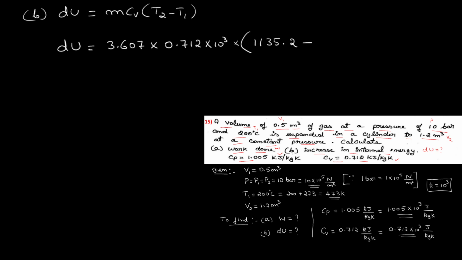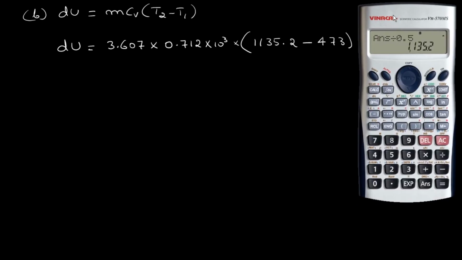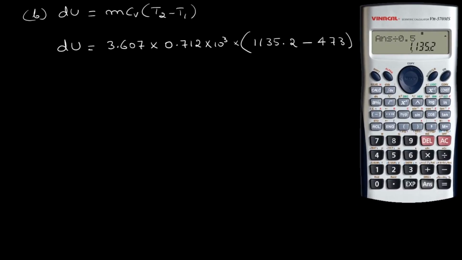The value of T1 is 473 Kelvin. So let me type it on the calculator: 1135.2 minus 473, multiplied by 3.607, again multiplied by 0.712. Let me not multiply the 10 to the power of 3.